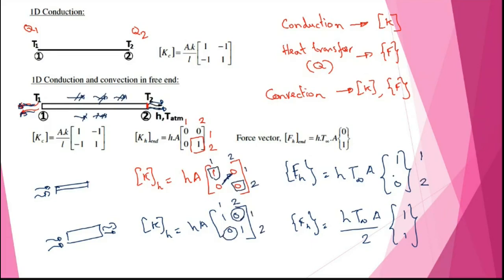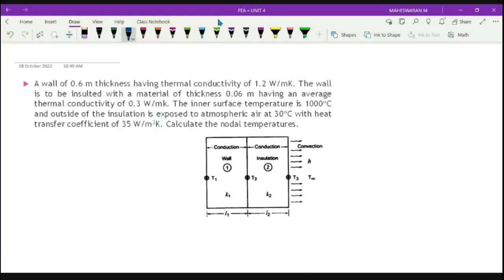Now we will proceed with one problem. We complete that problem as quickly as possible, then I will explain the same using ANSYS software. So what it says: you have a wall of 0.6 meter thickness and its thermal conductivity is 1.2 watt per meter Kelvin.